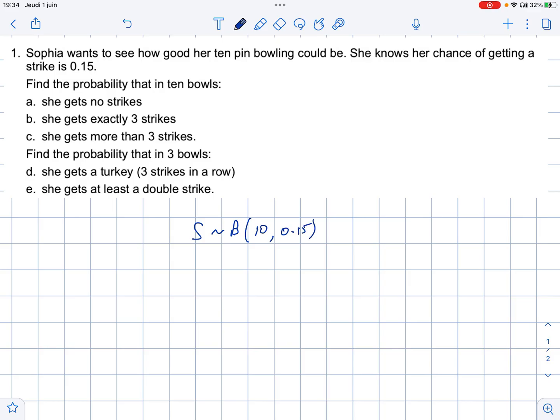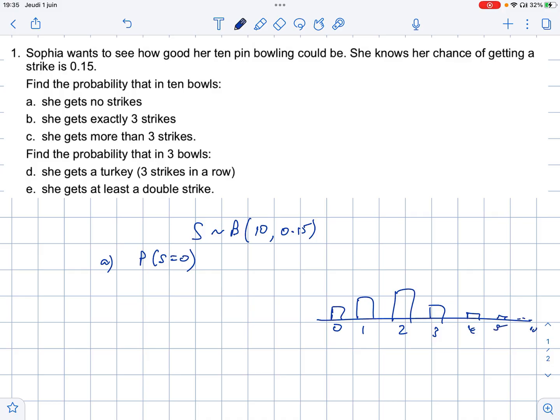And now we want to find the probability. That's now to write down the probabilities. We get the probability of no strike, so S equals 0. In effect, we're looking at probabilities of 0, 1, 2, 3, 4, 5, and all the way up to 10.